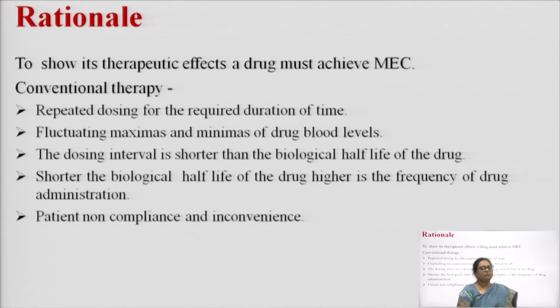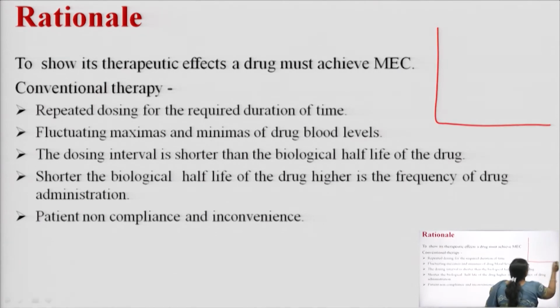Before we go on to the formulation or in-depth study of these controlled drug delivery preparations, let us explore the rationale for designing such products, or the need for designing these controlled drug delivery preparations. To understand this, we should understand the plasma level time curve of the drugs.